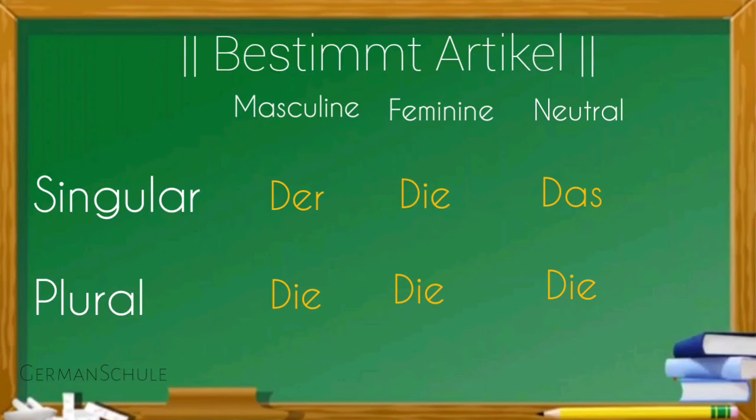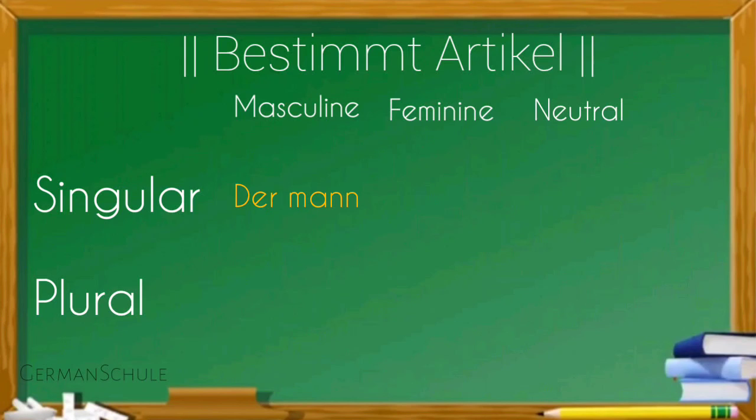As we discussed, there is an article for singular and an article for plural. The article in plural does not depend on the gender. It's always die. That means in singular for masculine it is der Mann. For plural it is die Männer.